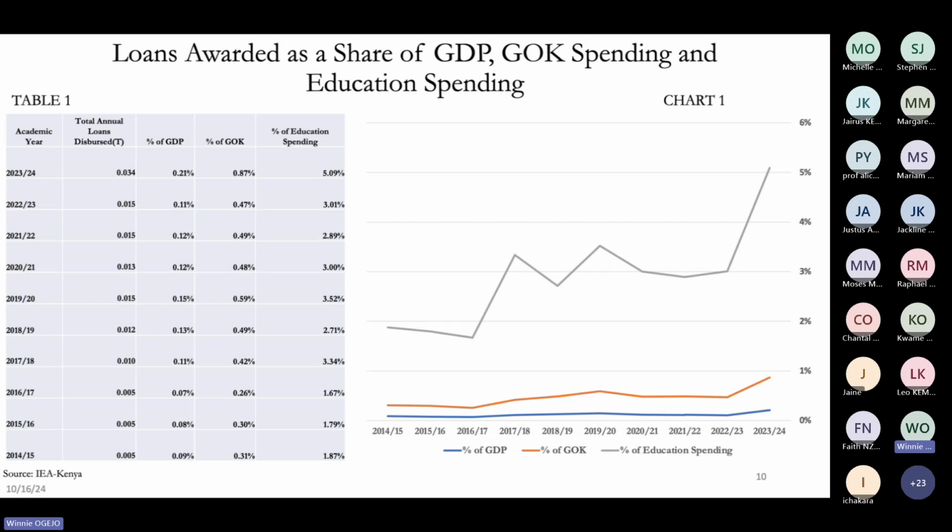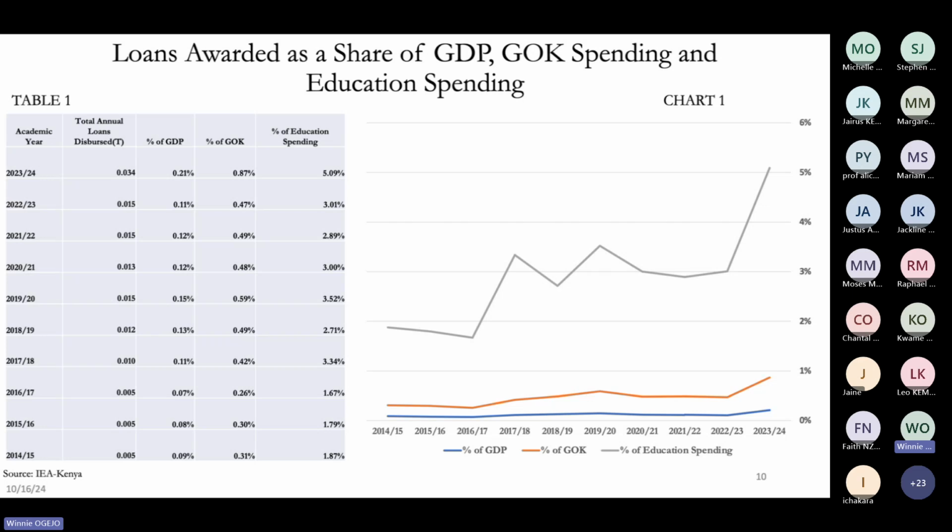What Table 1 demonstrates is that in nominal terms, the amount that the Higher Education Loans Board has been disbursing to students has been increasing. In 2014-15, at the bottom of the table, HELB distributed just about 5 billion Kenya shillings, and in 2023-24, they have distributed a total of 34 billion. So that tells you that the supply side has been increasing.